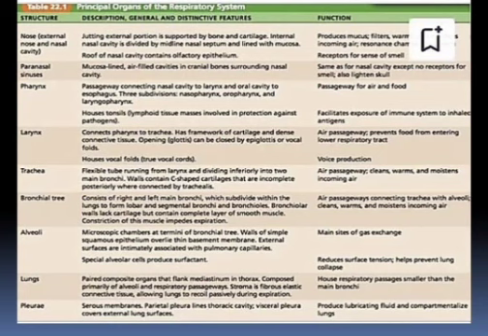Structures forming the respiratory system, beginning from the nose to the pleura, and over here you have their functions. Okay? So you look at their structures and their functions. Good. Let's not waste our time on that.